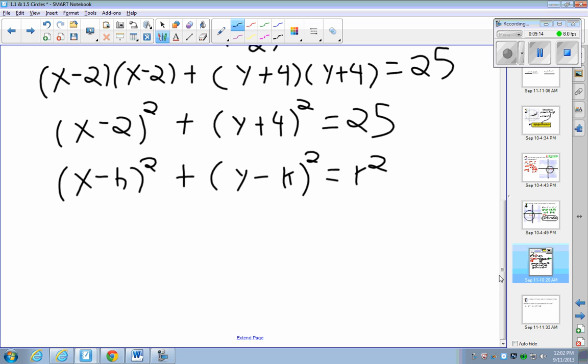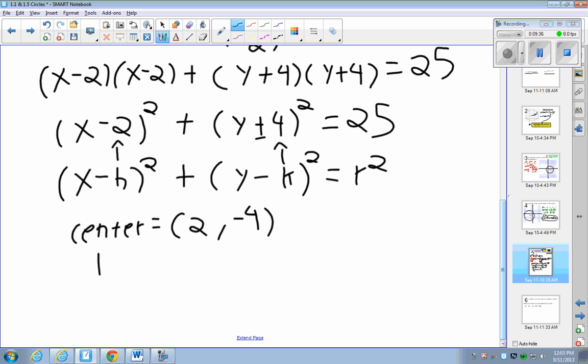Perfect. So what is our center and what is our radius? Well, here our center, this is going to be our h, this is going to be our k. And so center is equal to 2 comma negative 4, because this is a positive.